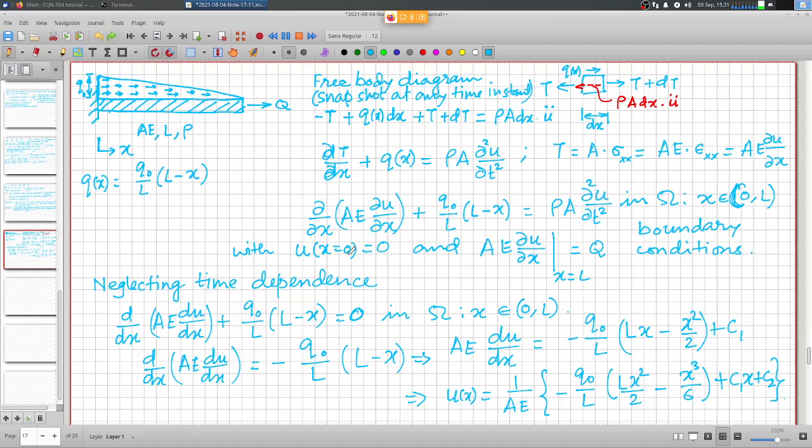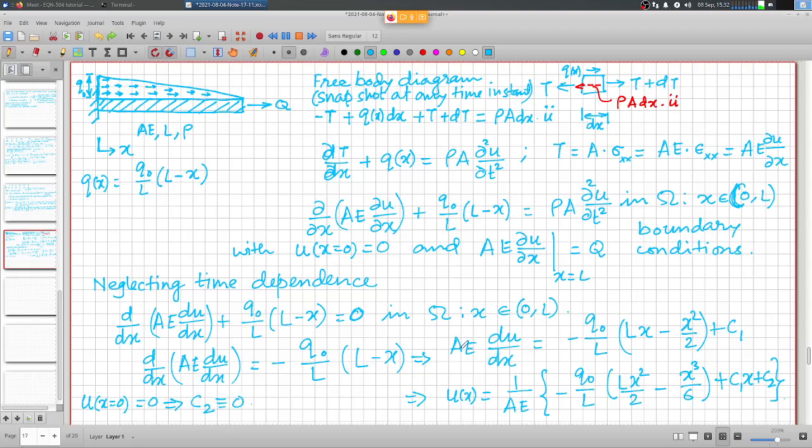So u at x is equal to 0 has to be 0. That means C2 should vanish, right? So if u at x is equal to 0 should be 0, that implies C2 should be equal to 0.